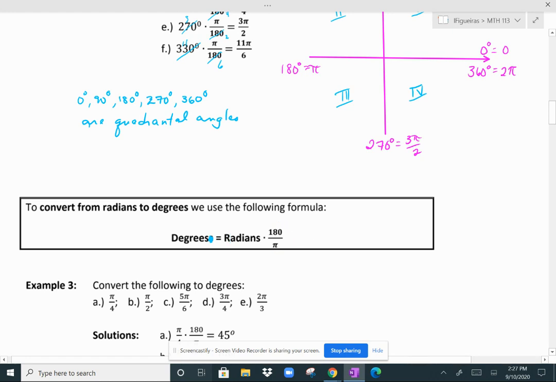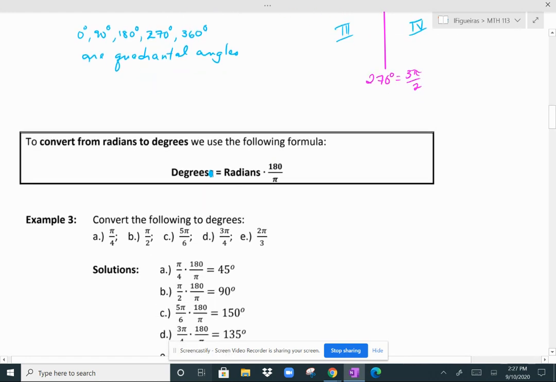All right, so let's practice converting. I want to convert all of these radian angles to degrees. So I'm going to apply this formula. You take your radians and multiply by pi over 180. The pi's cancel. The 4 goes into 180 45 times. So you're left with 45 degrees.